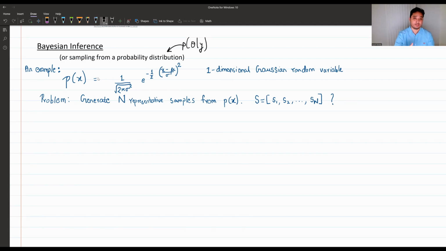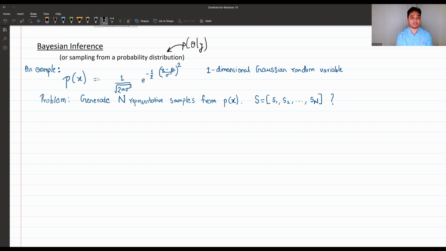And so to look at how we can solve that, let's take a very simple example and let's think about something slightly different, but very relevant. So if you have a one-dimensional Gaussian random variable, as shown here, and you even know the probability distribution, because we know the probability distribution for a Gaussian random variable, which is written here as mu is the mean, sigma is the standard deviation. So we have this.